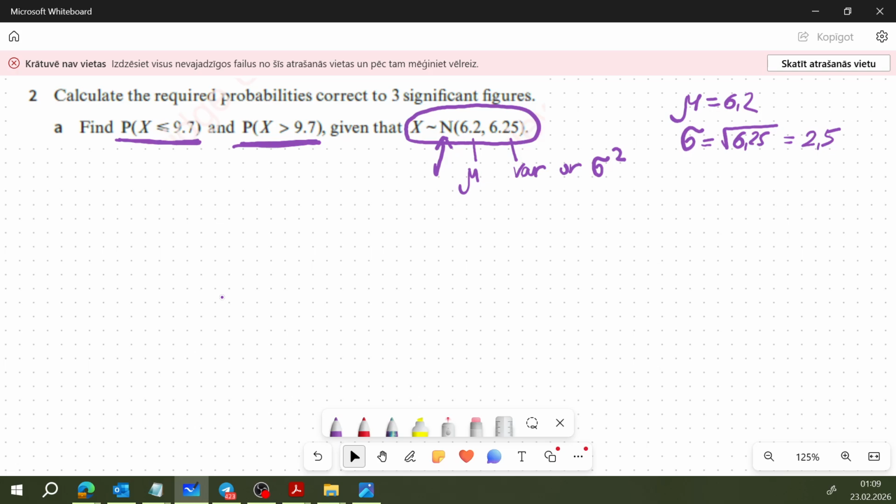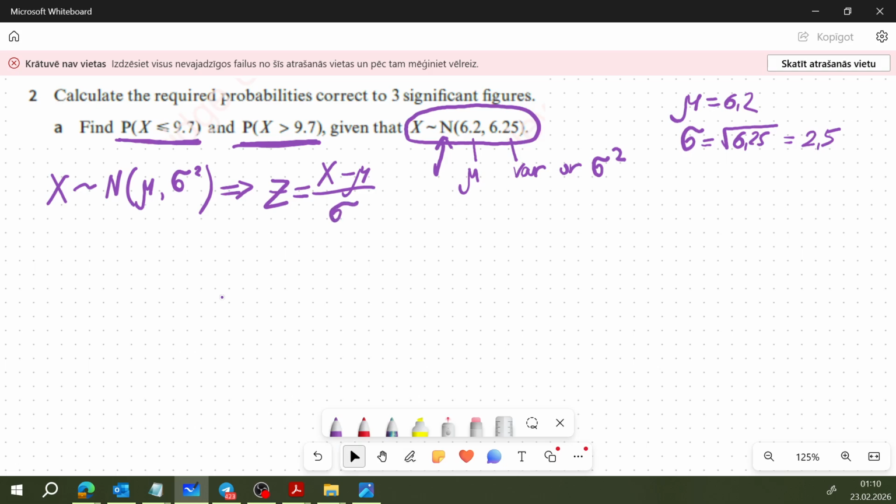Here it's very simple. If you want to find P of X smaller or equal than 9.7, you need firstly to standardize. And in order to standardize, we have to remember the formula. If we have X, which has the normal distribution with mean and variance given, then Z is equal to X minus mu over sigma.